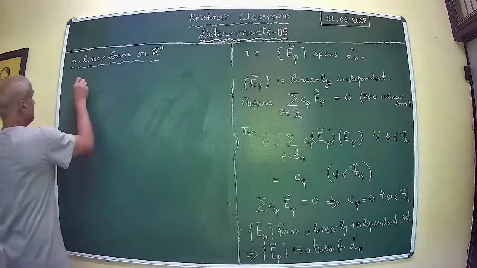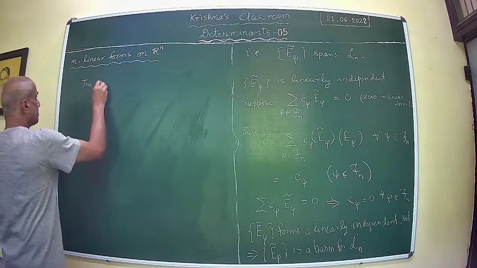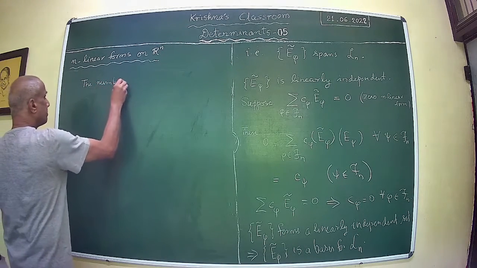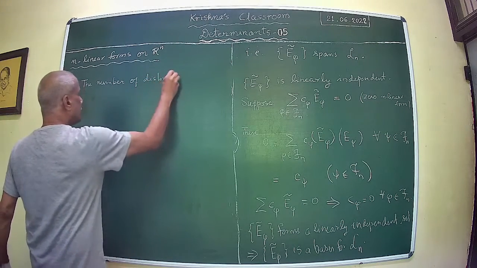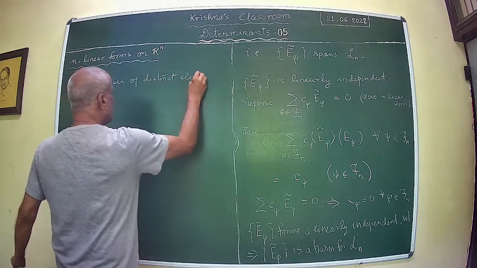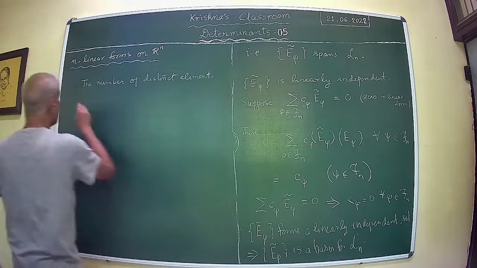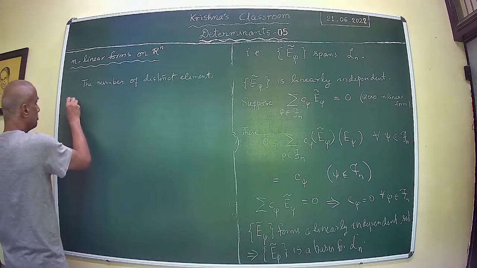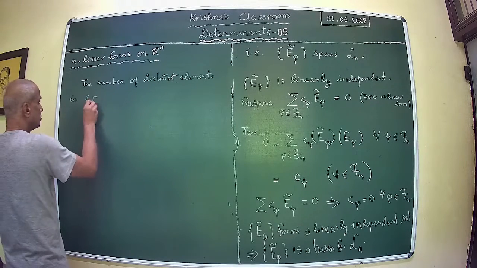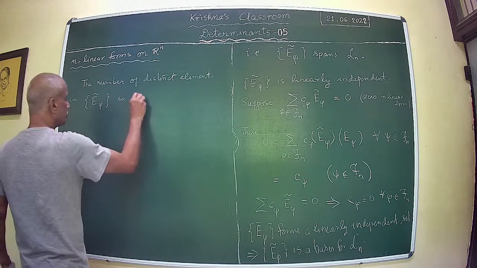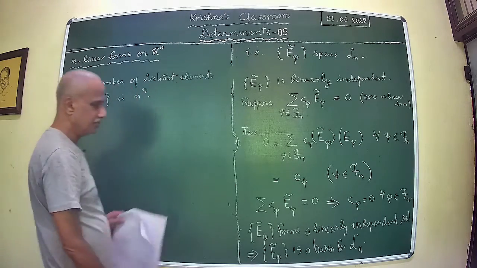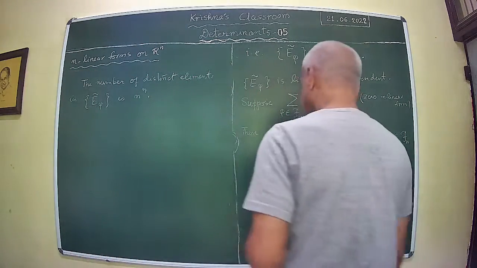The number of distinct elements, this is easy to prove, simple combinatorial work.